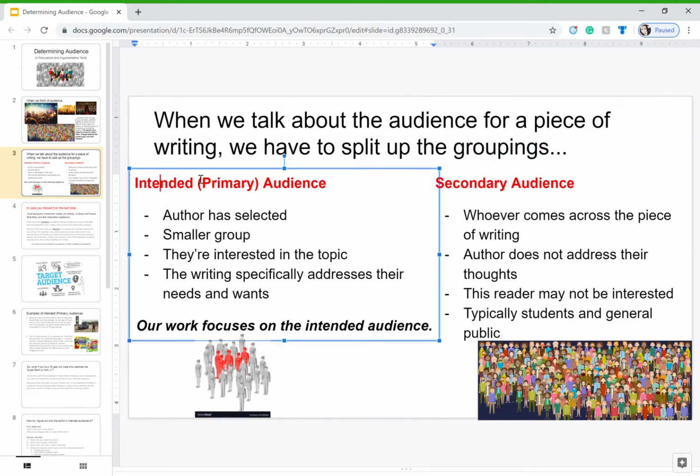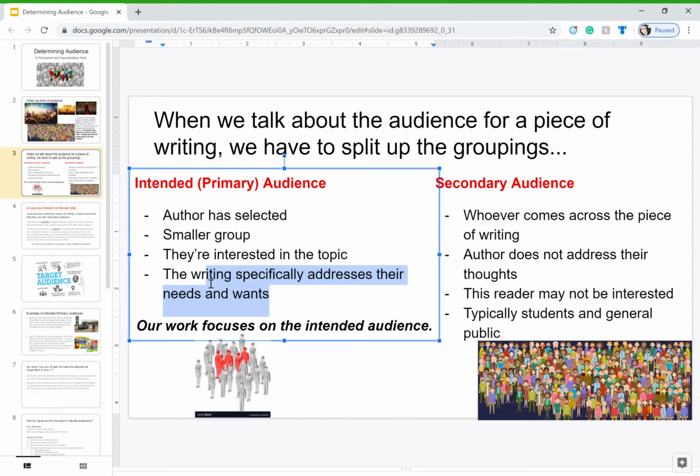We have the intended or primary audience that is specifically selected by the author. If we're thinking about writing, the author is writing for a smaller group of people. They're interested in the topic that he's writing about. They are having their needs and wants addressed by the author.